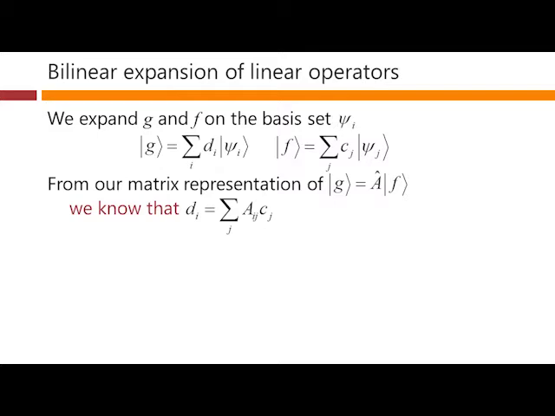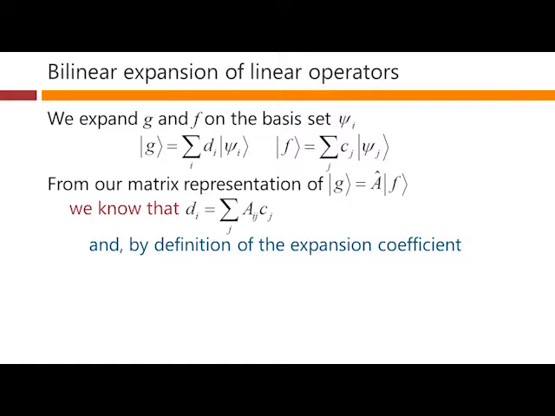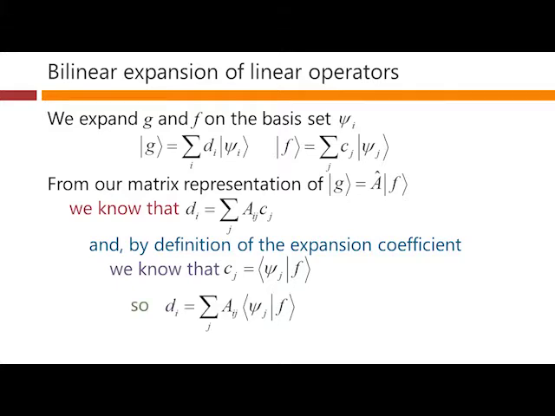So aij is the element in the ith row and the jth column of the matrix representing A. And by definition of the expansion coefficient here, we know that cj is just psi j, the bra vector, times f, the ket vector. So, therefore, substituting for cj, we have that di is equal to the sum over j of aij times this inner product here.